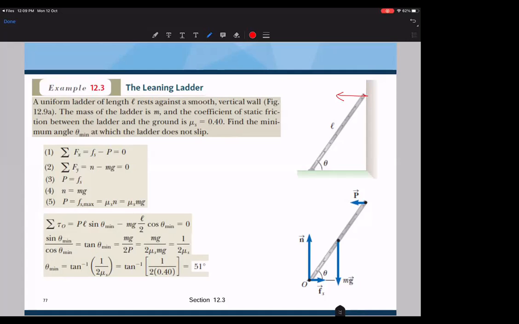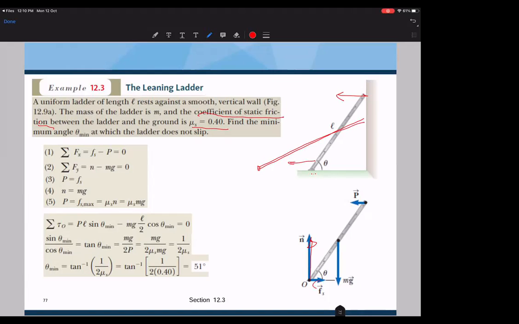You have the normal force from the ground. You have the ground that provides frictional force because it is resting on a surface with a coefficient of static friction being 0.4, so it has frictional force. And by common sense, you would fully expect the ladder to be sliding down like this.